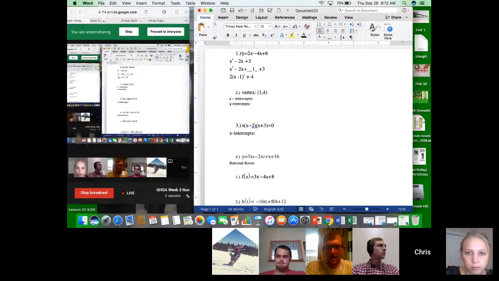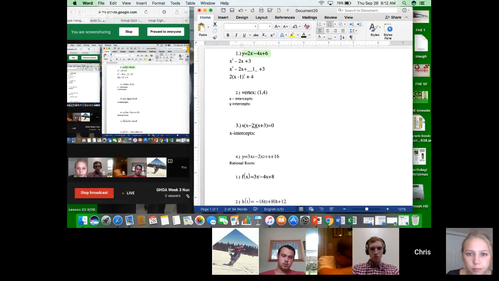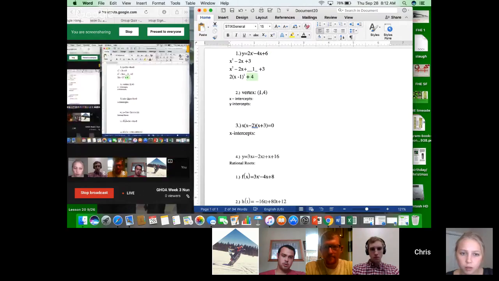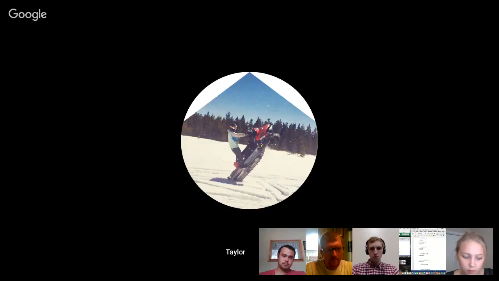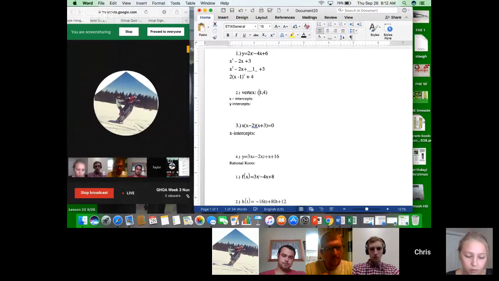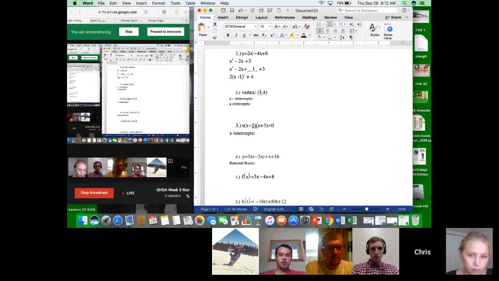So 1, it has this equation and asks you to convert it to the vertex form, which is this. And we know from the vertex form that H and K are the vertex. But I wasn't sure if there should be -1s because it's possible one here in the parentheses.